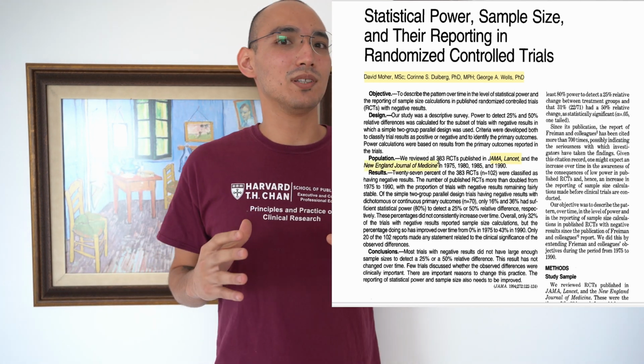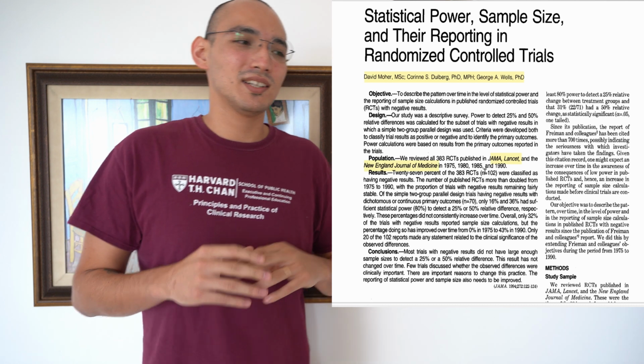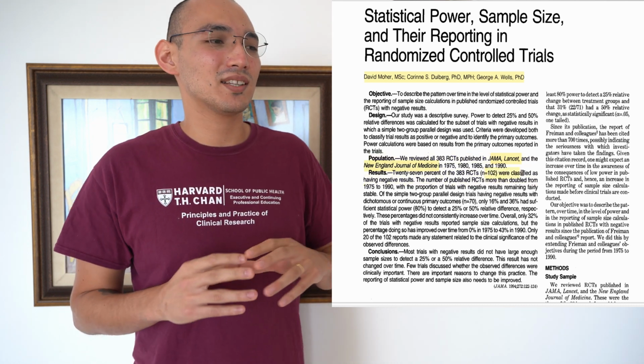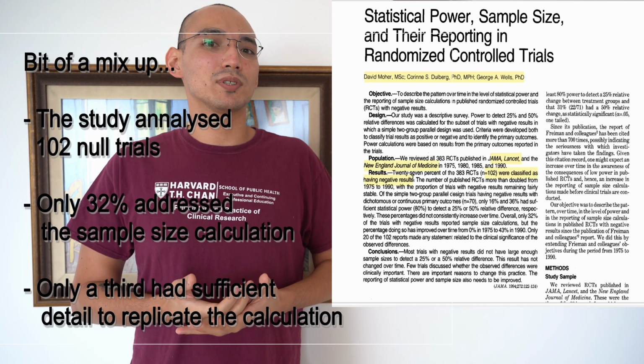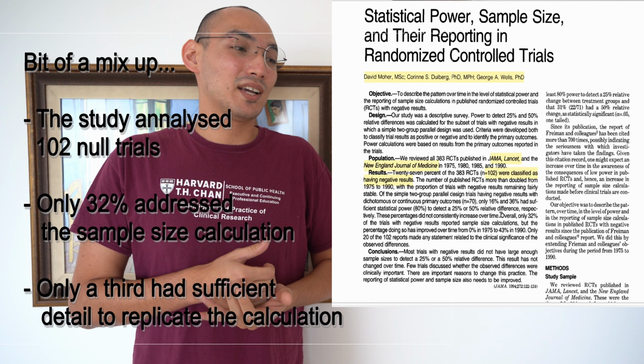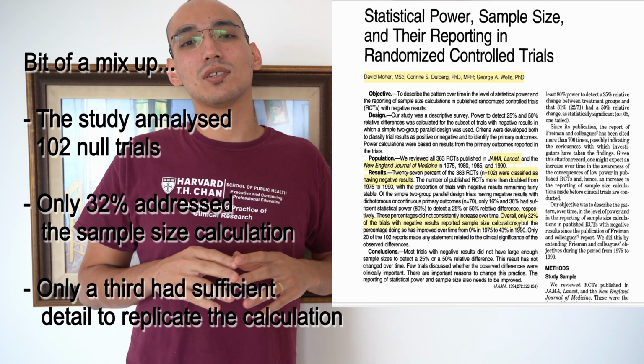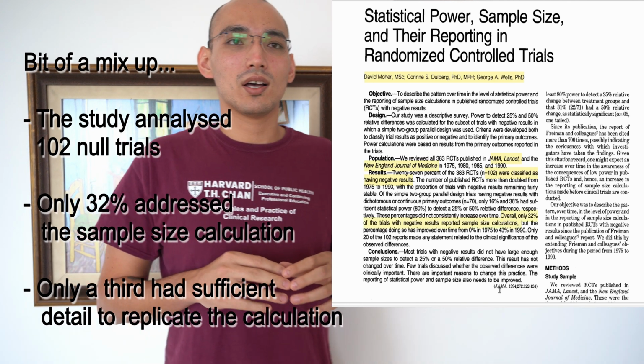So quite big names, right? And you see in it that there were 383 RCTs analyzed, and from those, well, this was a study from 1994, so it was quite a long time ago.